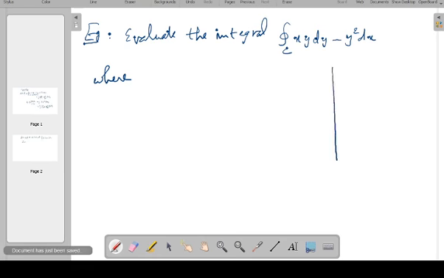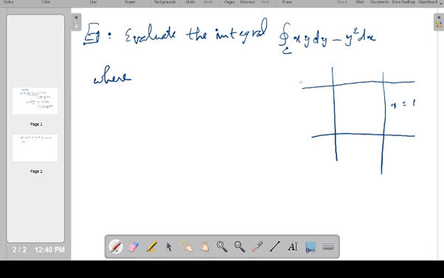So x equal to 1 is this line, y equal to 1 is this line. So this is your C in the counterclockwise way. C is as in figure.